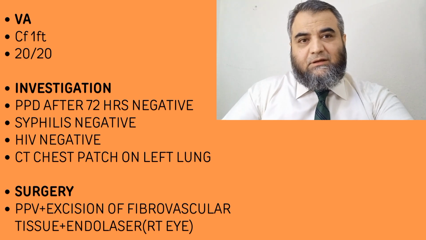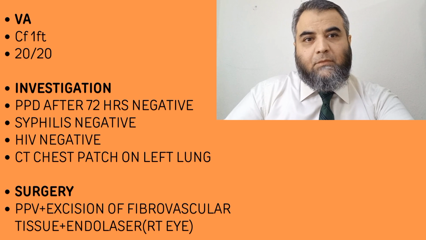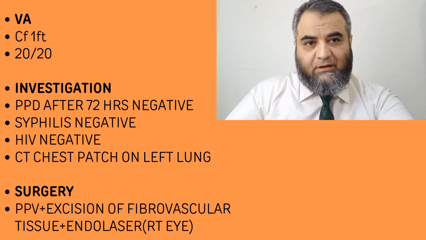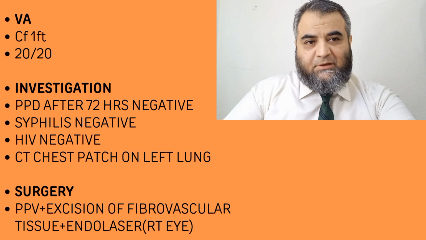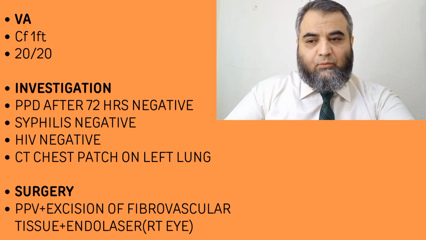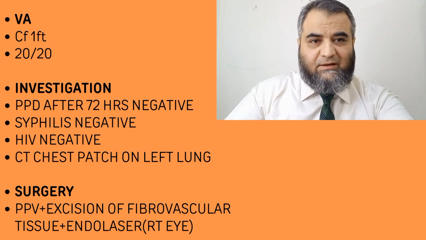So after thorough investigations, blood work and lab work, and FFA, a plan was made to go for pars plana vitrectomy in this middle-aged man. Pars plana vitrectomy was done along with excision of fibrovascular tissue, although it was not causing that much traction, as shown on the B scan.